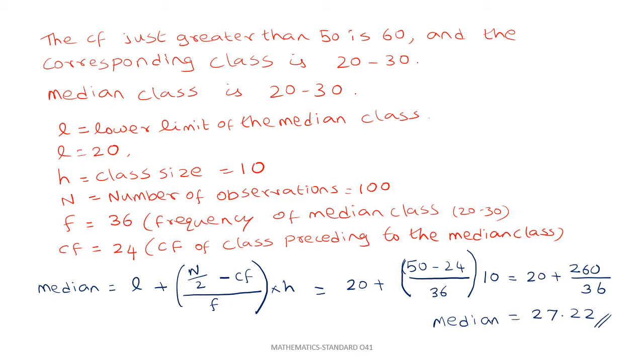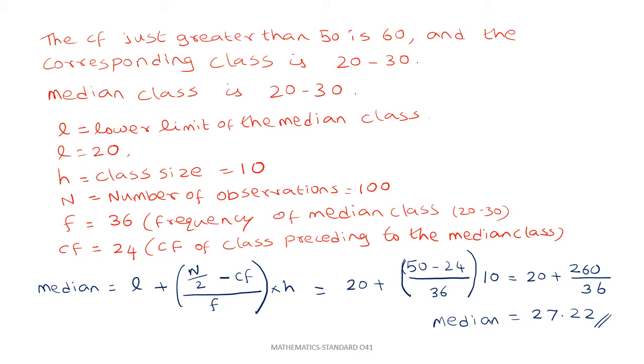So how have we done this problem? From the given values, make the table with the cumulative frequency. Then find the n by 2 value, and then the median class. That is very important: the cumulative frequency just greater than n by 2, and the corresponding class, is the median class. After finding the median class, write the lower limit, the class size, the total number of observations, and the frequency of the chosen median class.